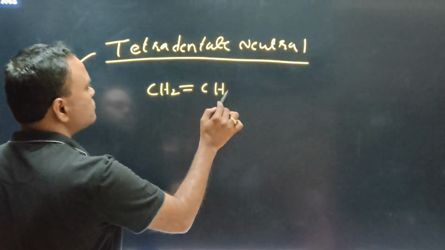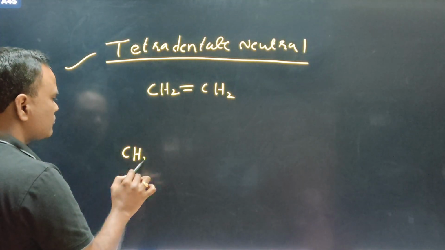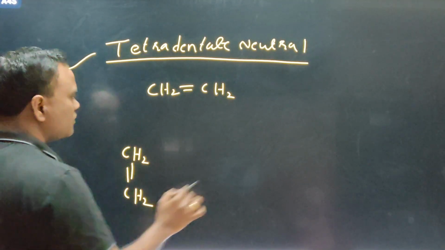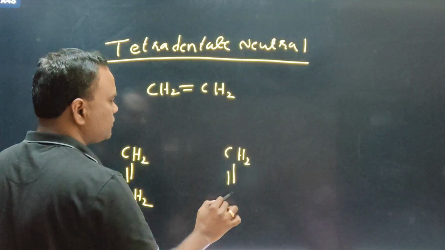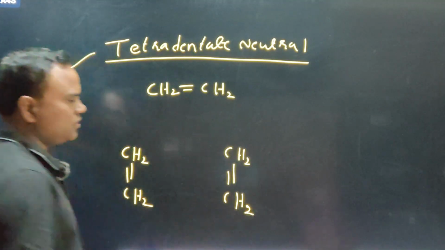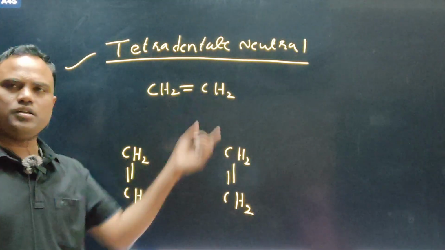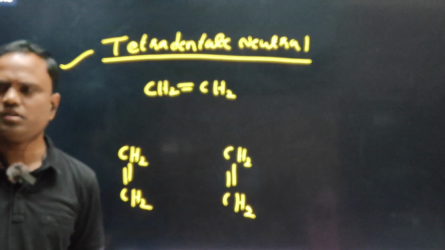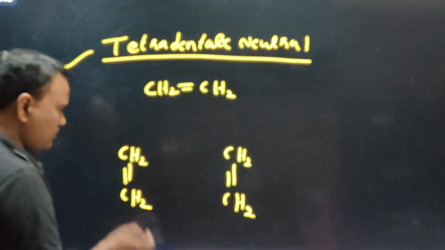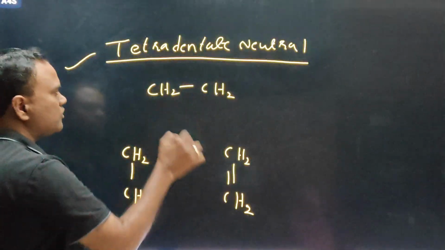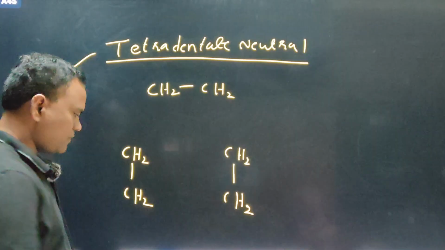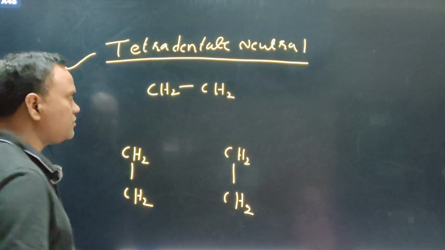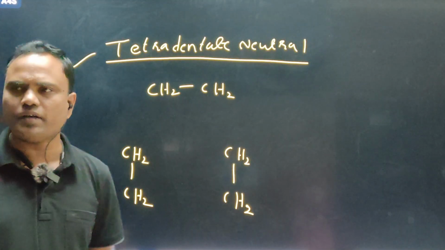CH2 double bond CH2. You can remember easily if you learn ligand structure like this. Ethylene: how many ethylene groups did we take? 3. What I am doing is removing the bonds: one bond here, one here, one here. If we remove the bonds, we have to complete the valency.